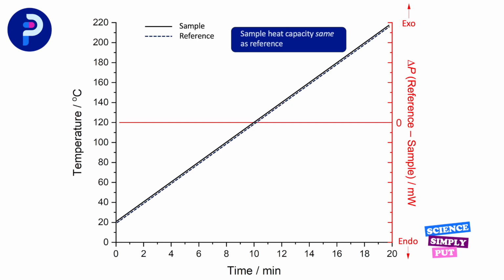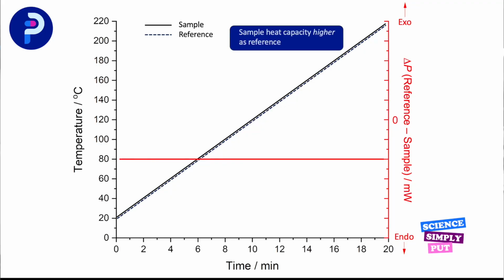A DSC needs to supply energy to the sample and reference to heat them in temperature. If the heat capacities of the sample and reference are the same, then the amount of energy needed to heat them will be identical. If, in the more likely case, the heat capacity of the sample is higher than that of the reference, the DSC will need to provide more energy to the sample than to the reference to keep them at the same temperature.